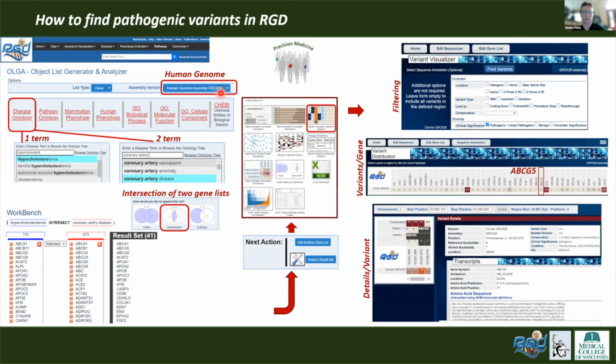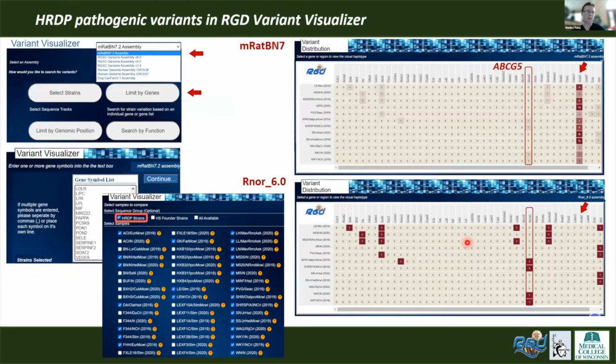So as we are starting with the human, we are looking for the pathogenic variants. More details you can see per variant. First, you've got numbers per gene. And next, we want to see what we've got in our population of rats. So we are choosing the different assemblies and putting the gene list in it.